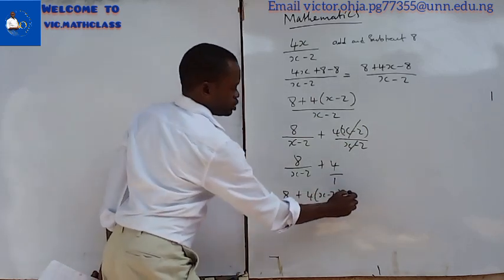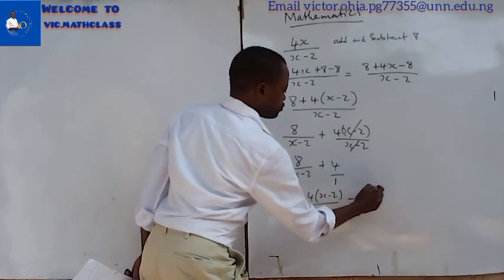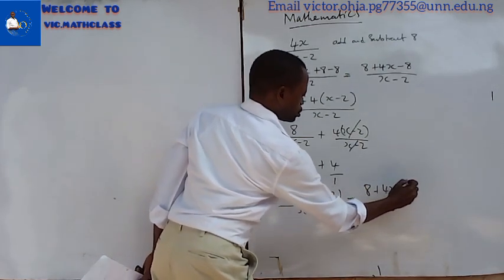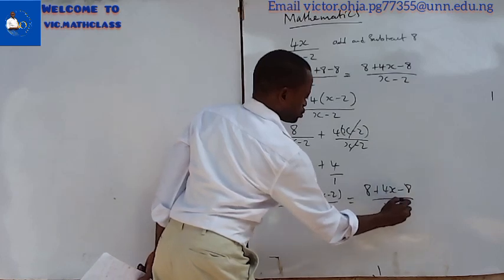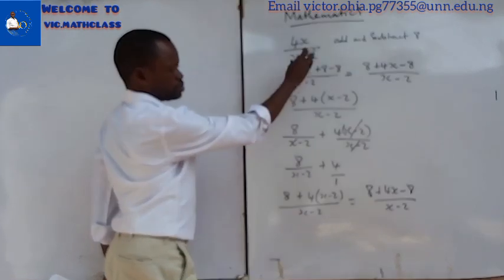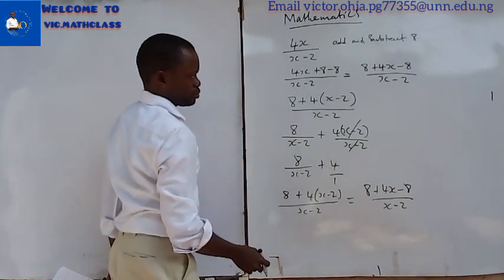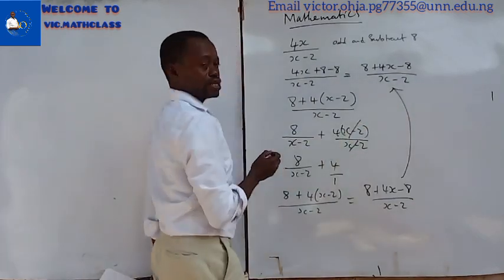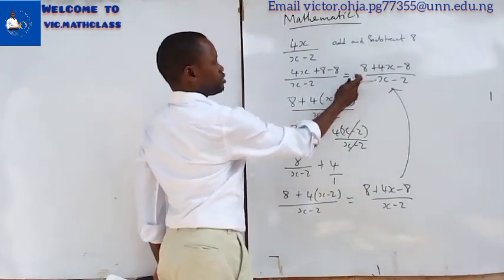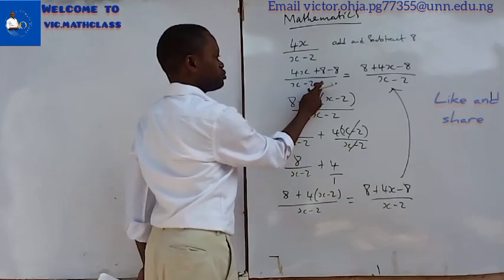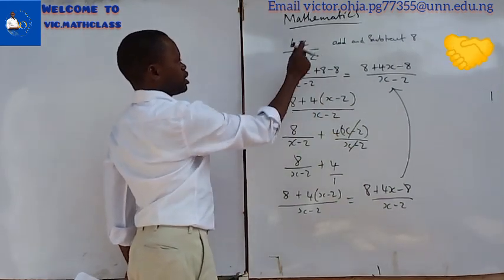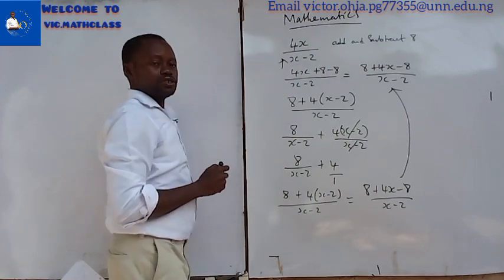Do you realize that when you open this bracket, you are going to have 8 plus 4x minus 8 all over x minus 2? Do you see we are heading backward from where we started? And from here, 8 minus 8 will be 0, and we are back to this.